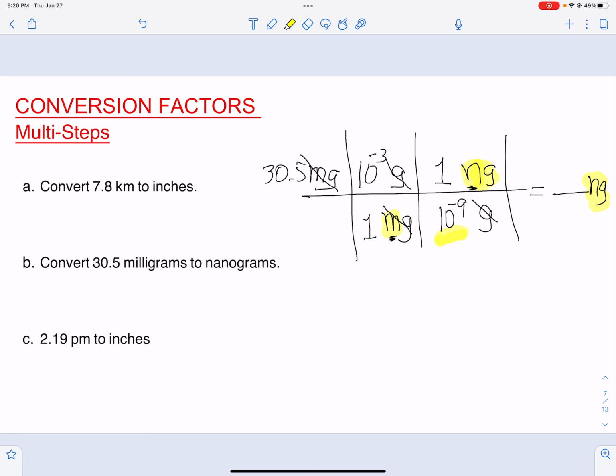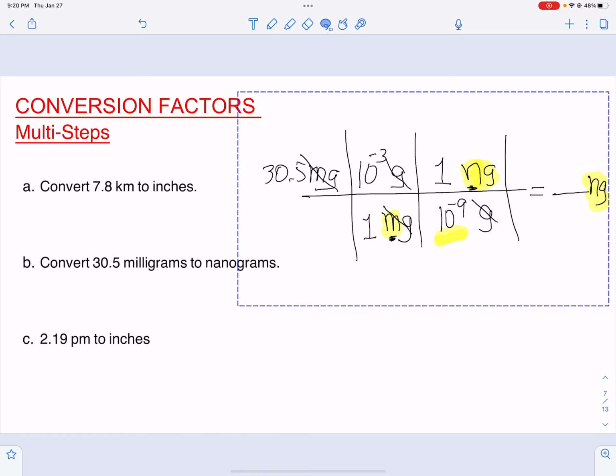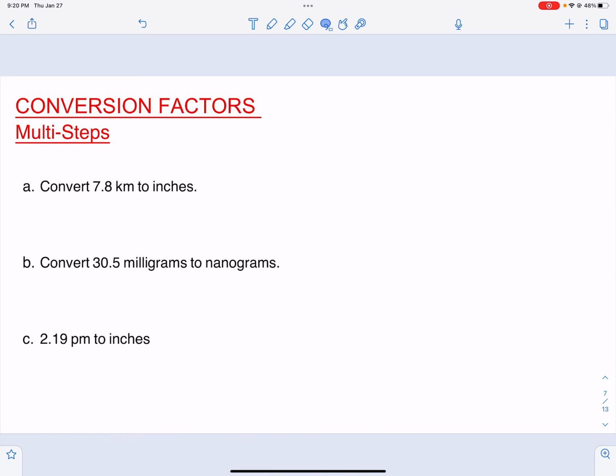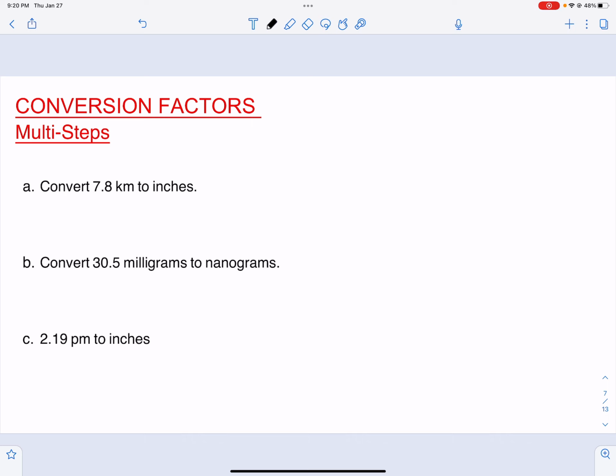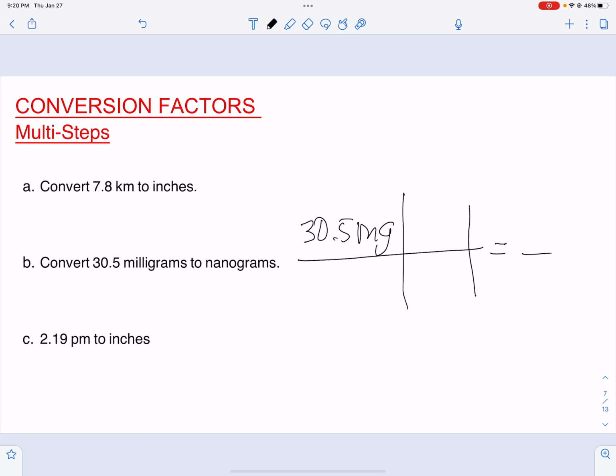And that's it. Let's do the last one. So on the last one, sorry. Let me show you how to do the previous one in only one step. So if I have 30.5 milligrams, in one step, can I get nanograms?